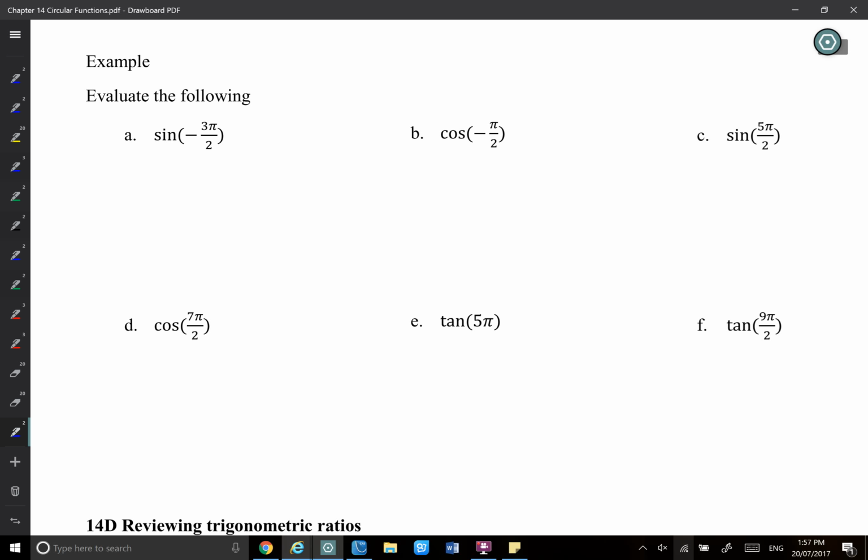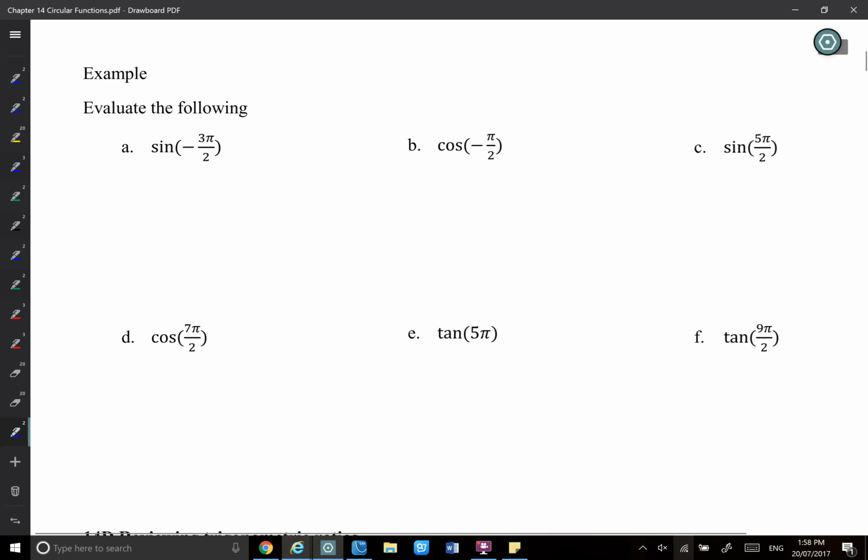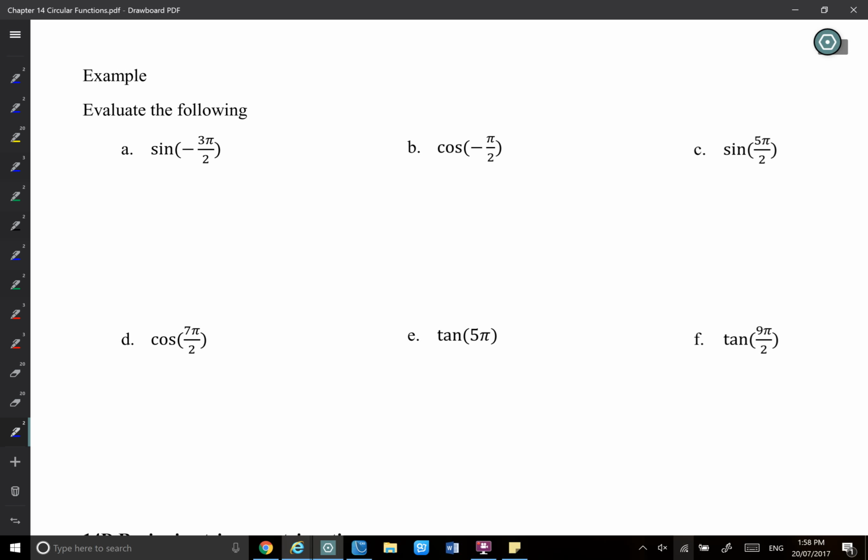Negative is turn clockwise. Positive is anti-clockwise. If it's over 2 pi or over 360 degrees, it's just another cycle. You complete one cycle, you turn another cycle. So the position will be the same. So I want you to evaluate A to F.